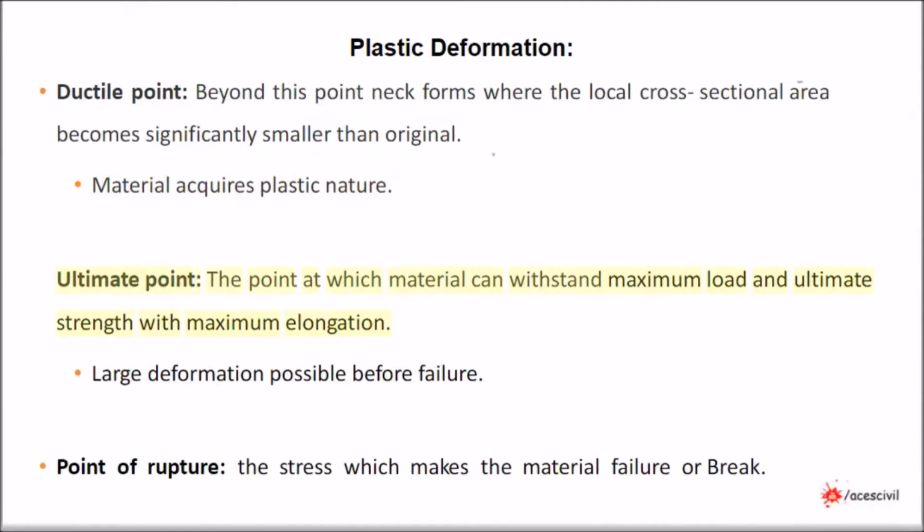Ultimate point: the point at which the material can withstand maximum load, the ultimate strength, with maximum elongation. Large deformation is possible before failure. Point of rupture: the stress which makes the material fail or break.